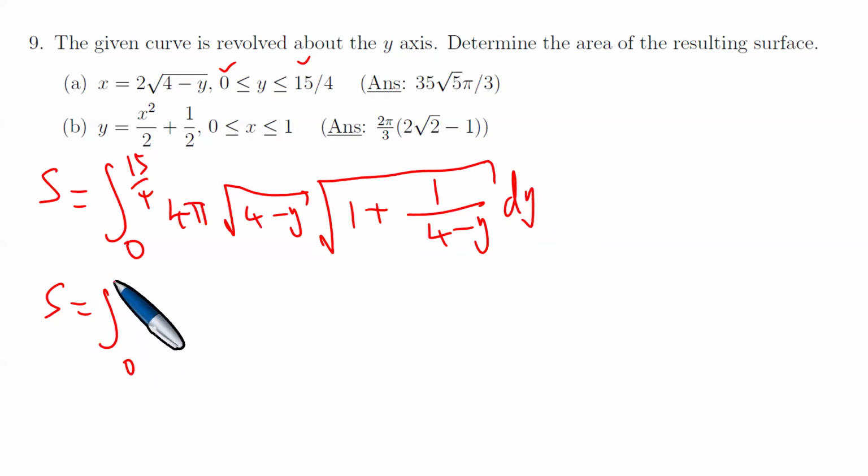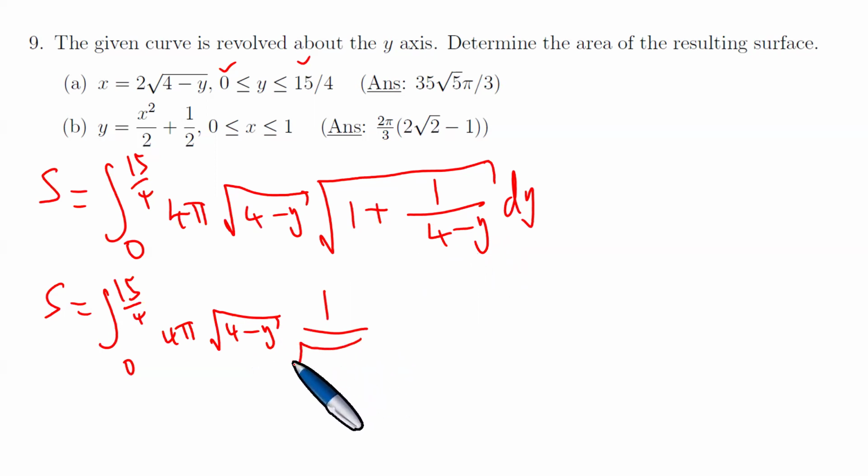You pull out the square root, so 1 over that will be 1 over the square root of 4 minus y.